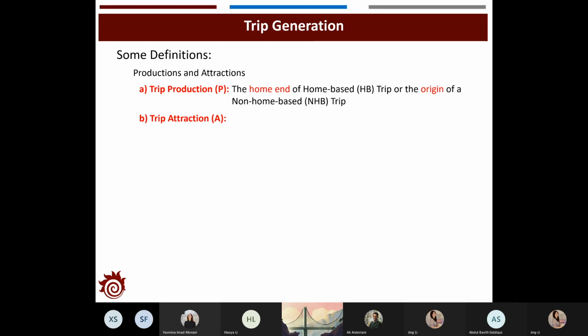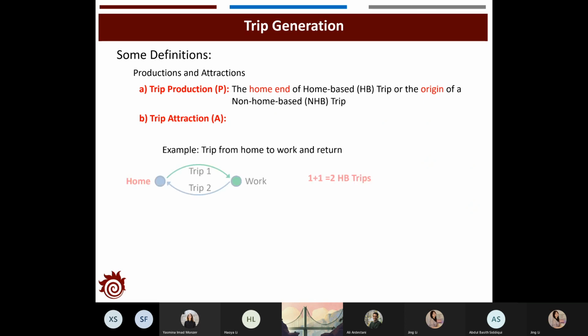This is a little bit different, and a little bit confusing compared with origin and destination. So let me go back to the example on the previous page to see how we define the production and how we specify the attraction.